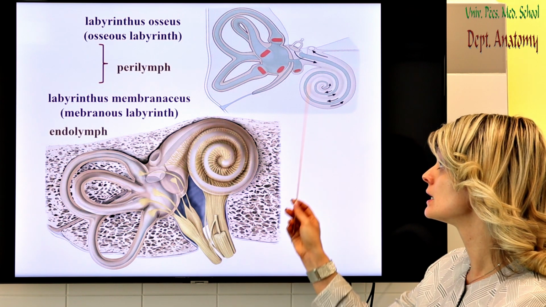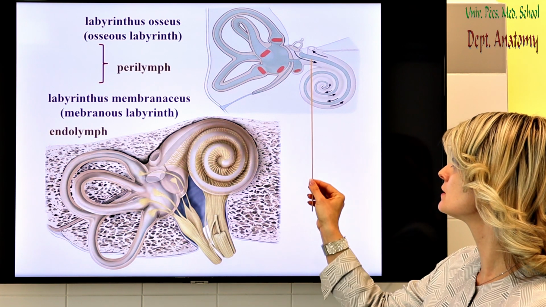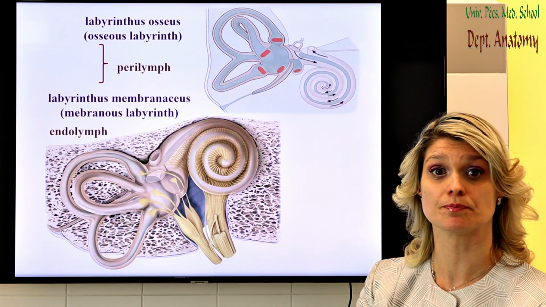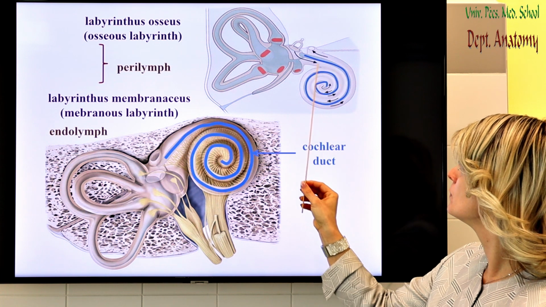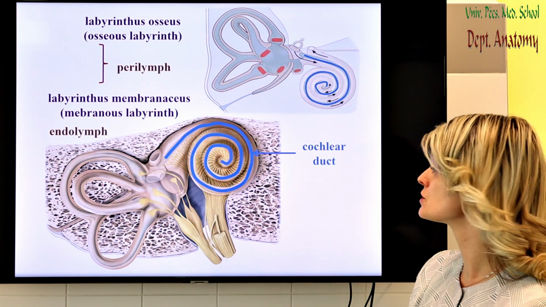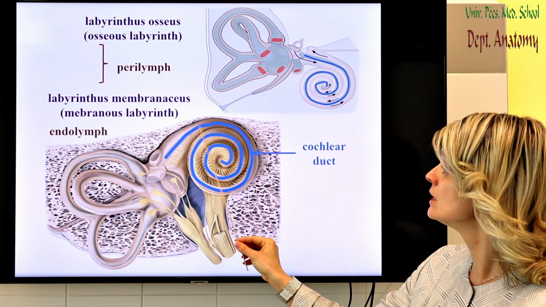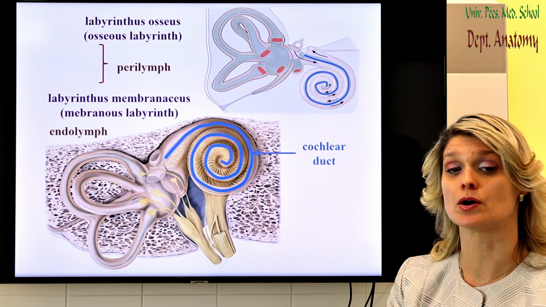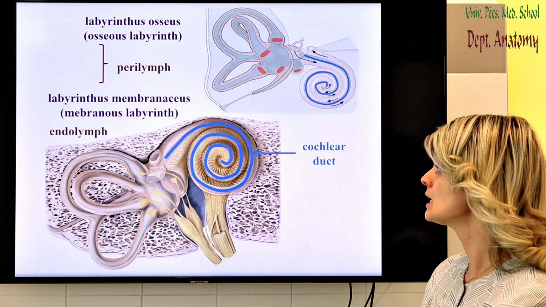But what are the parts of the membranous labyrinth? I would like to start first with this, which is located within the cochlea. Within the cochlea, you can see a tube which is called a duct, the cochlear duct. It's a blind duct, here you can see with 2.5 turns, which will go around within the spiral canal of the cochlea.